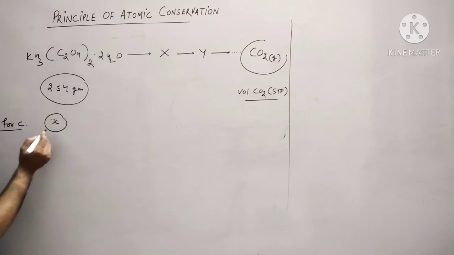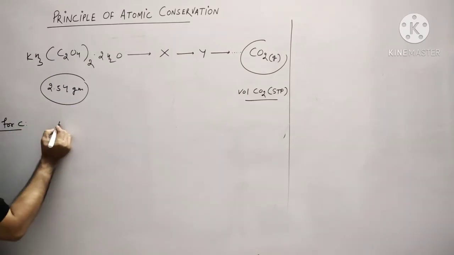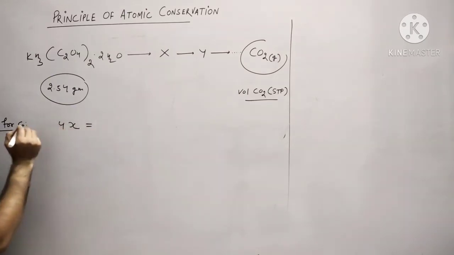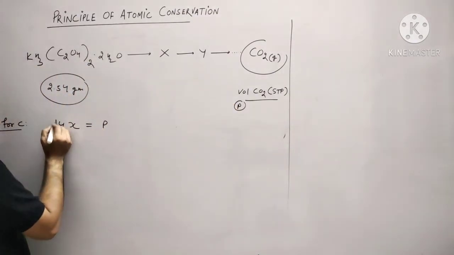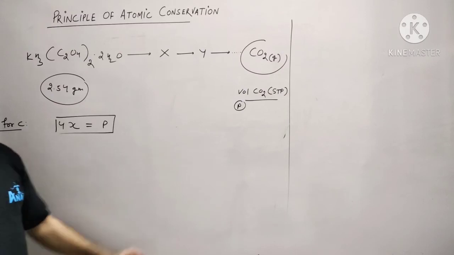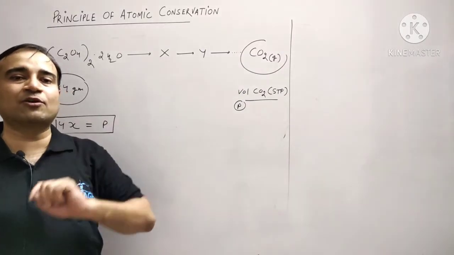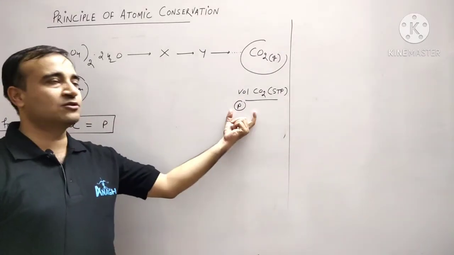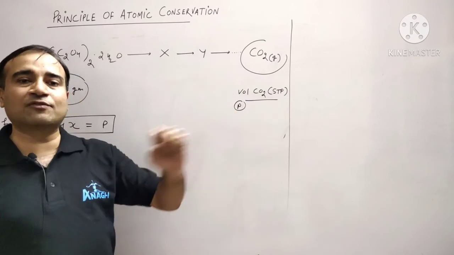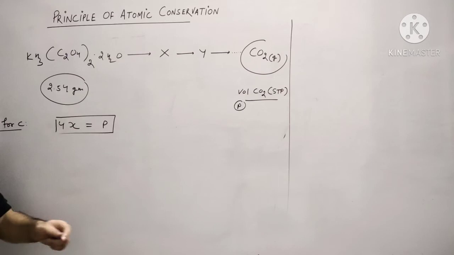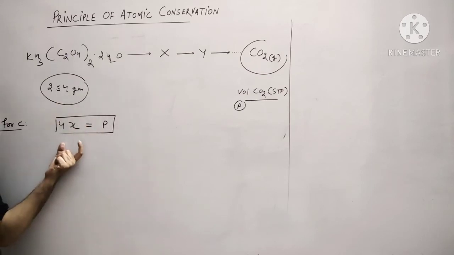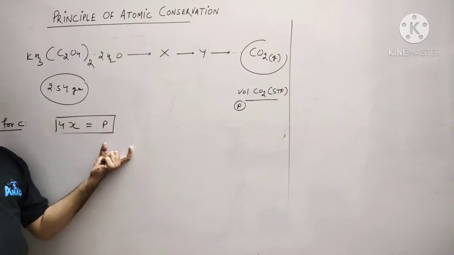So I can write POAC of carbon, 4X is equal to P, suppose P mole of CO2 is produced. Why? 1 mole of CO2 contains only 1 mole of carbon. So if P moles of CO2 are given, then P moles of carbon should be there. I am comparing the number of moles of carbon atoms in both the sides. Here 4X is equal to P.